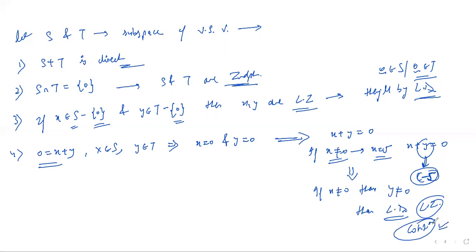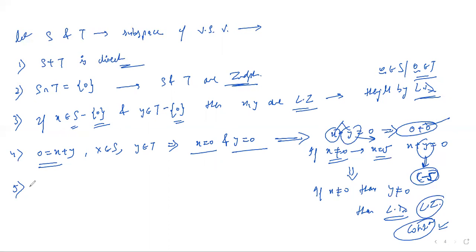To remove this contradiction, we say the sum of these two is 0 only if x equals 0 and y equals 0, because if one of them is not 0, it puts a restriction on the other.